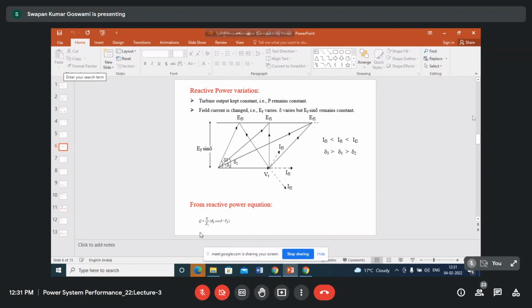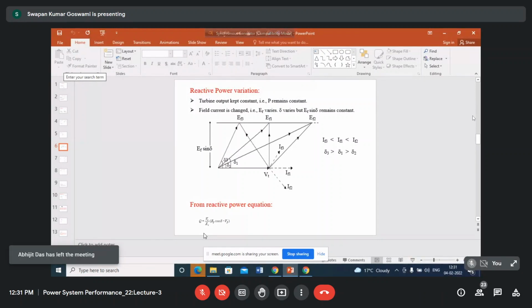And when EF cosine delta is equal to Vt, then what happens? Q becomes 0. If Q becomes 0, it means the generator is delivering active power and neither delivering nor consuming reactive power. That is, a purely active power is being delivered by the generator.